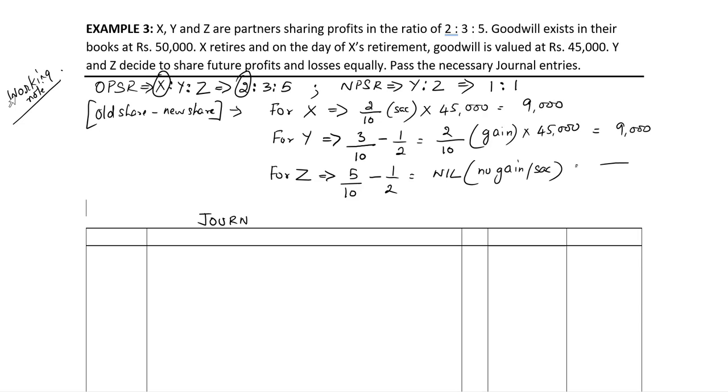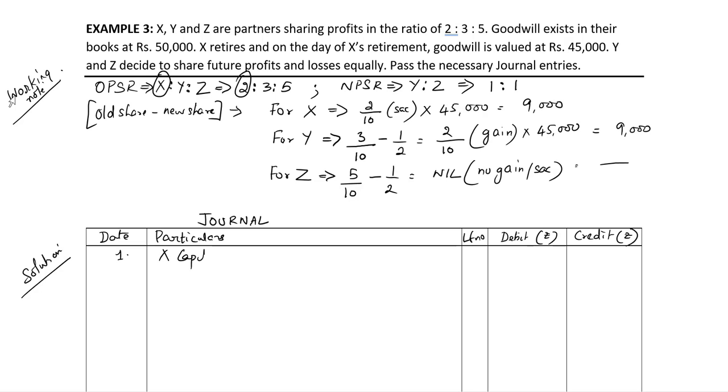Let's write the journal entries down. Solution: date, particulars, LF number, debit rupees, and credit rupees. We'll begin the first journal entry by writing off the existing goodwill rupees 50,000.